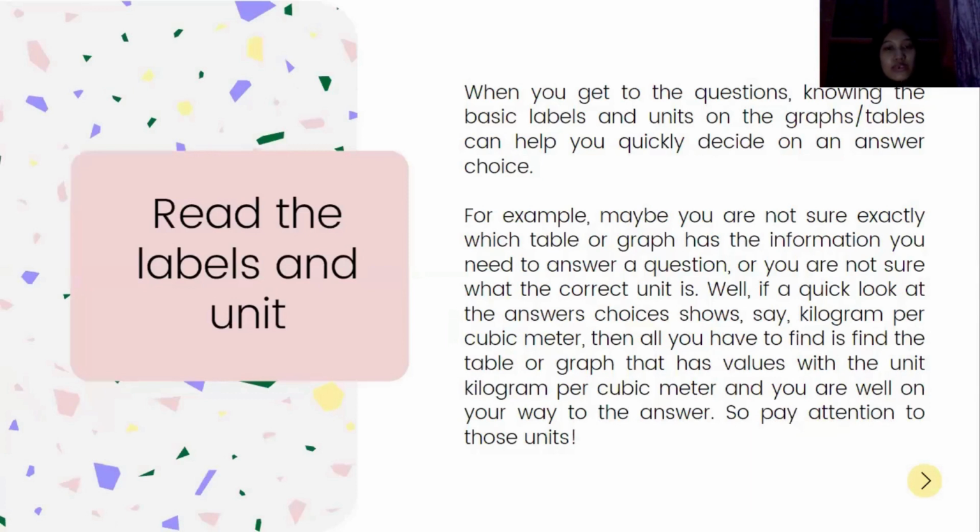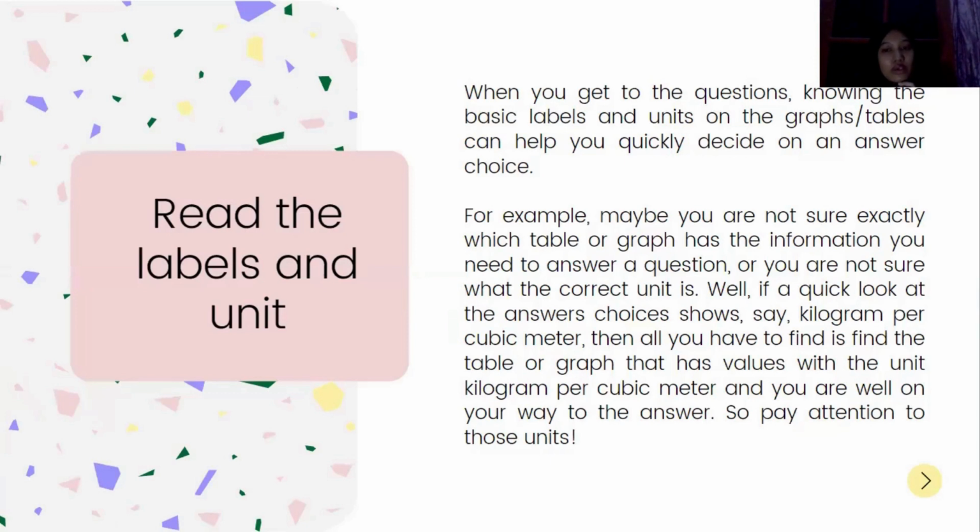Read the labels and unit. When you get to the question, knowing the basic labels and unit on the graph or tables can help you quickly decide on an answer choice. For example, maybe you are not sure exactly which table or graph has the information you need to answer a question, or you are not sure what the correct unit is.